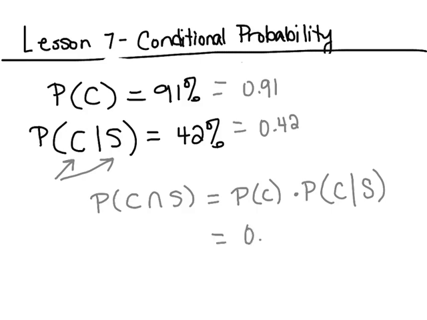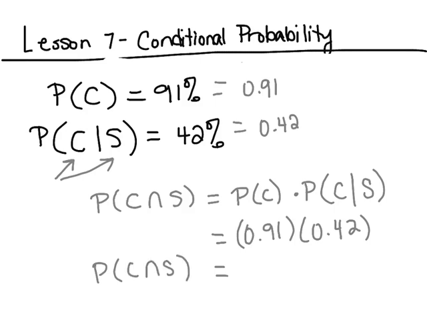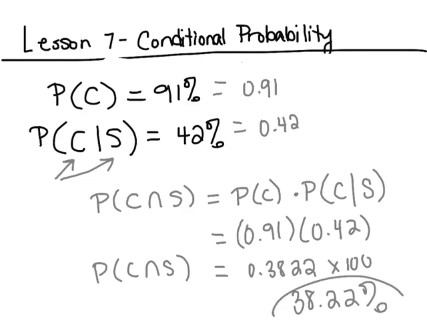So we have 0.91 times 0.42. So altogether, our probability that they have a cell phone and a smartphone is 0.3822. Times that by 100 and we have 38.22%. So you can use that formula for dependent events.